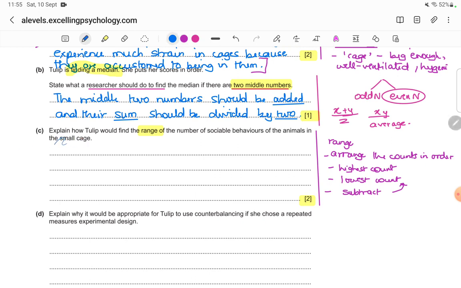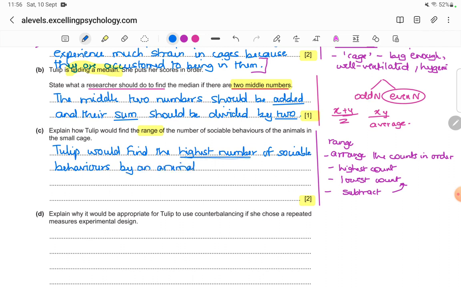Okay, so we'll specify Tulip would find the highest number of sociable behaviors by an animal and the lowest number.